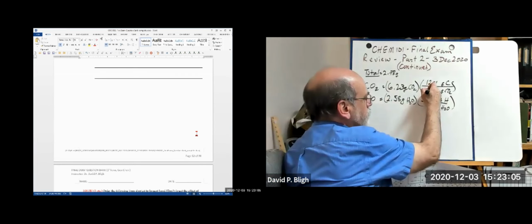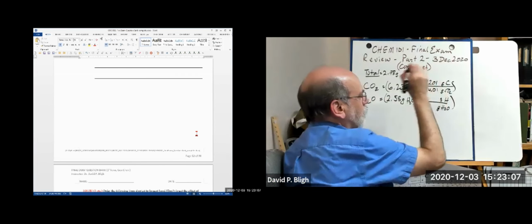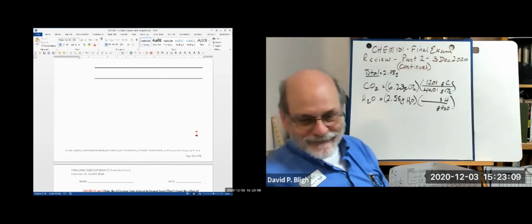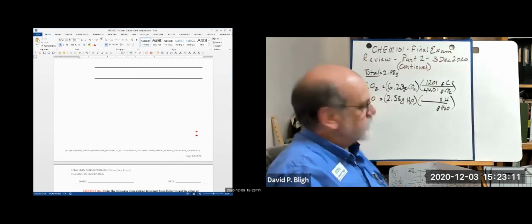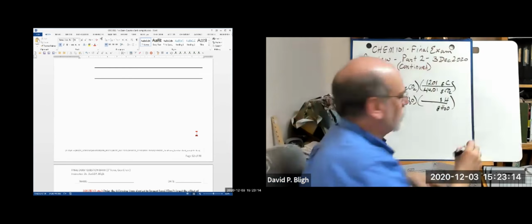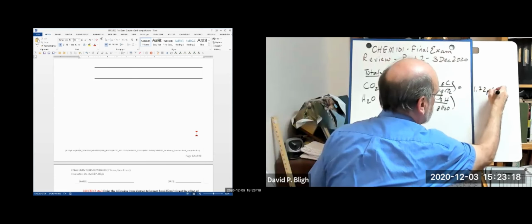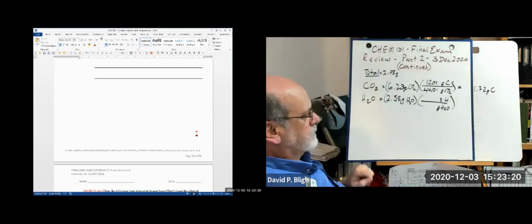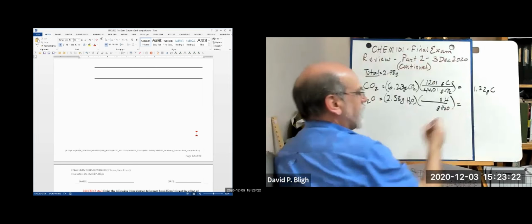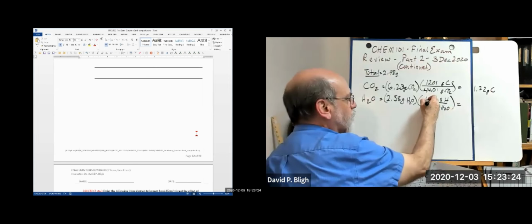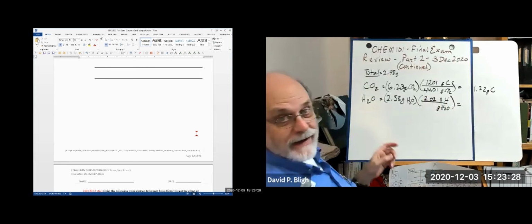So it's 44.01. Okay? So that gives us 1.72 grams of carbon from this compound. How about hydrogen? Well, hydrogen is 1.01. Actually, it's 2.02. Why?